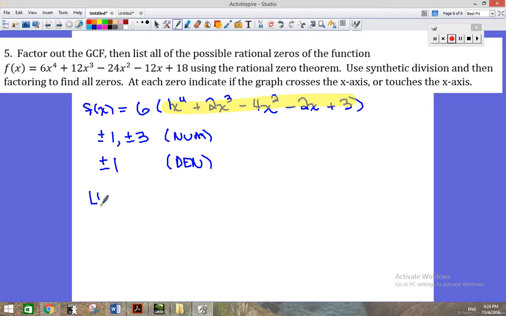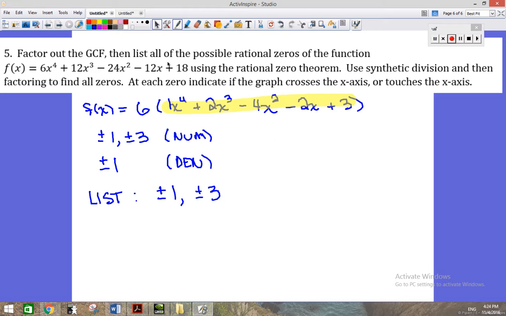I create a list, and there's no guarantee that any of these are zeros of this function. I don't know yet if this graph intersects the x-axis at all. But if it does, and at a rational number, then it should be in this list of positive or negative 1 or positive or negative 3.